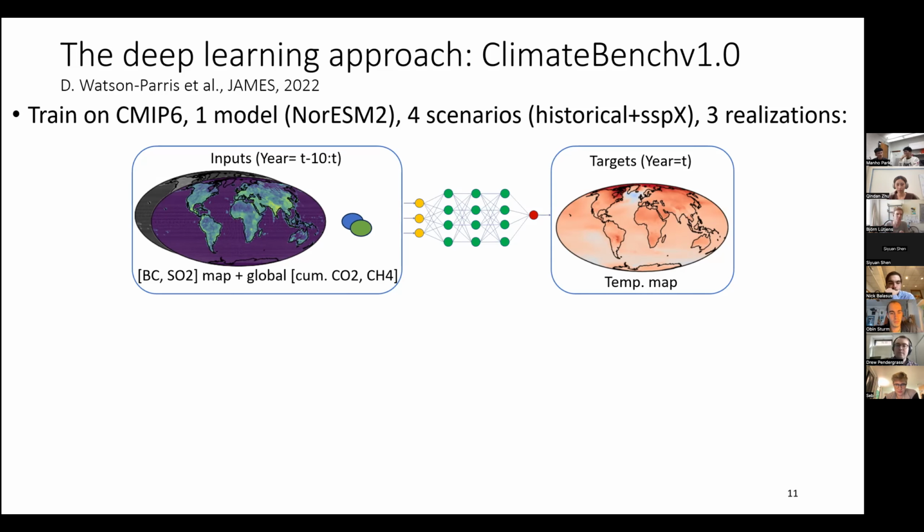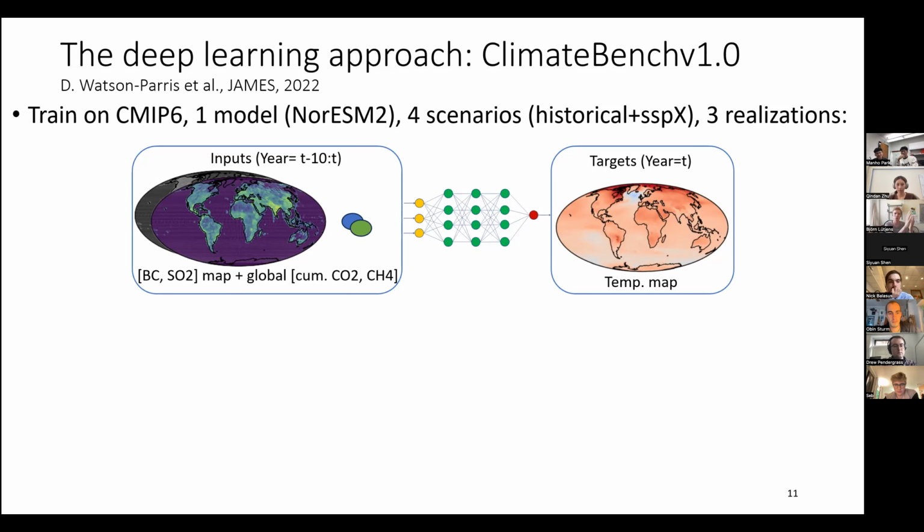They set up the task where they have a black carbon and a sulfur dioxide map over the globe, and a globally averaged cumulative CO2 emissions from anthropogenic sources and a globally averaged methane source. Those inputs are given for 10 years in a row, and each of those years is annually averaged as well.